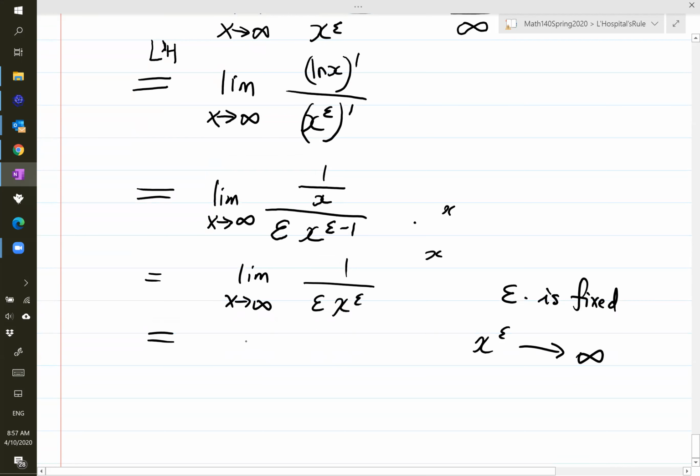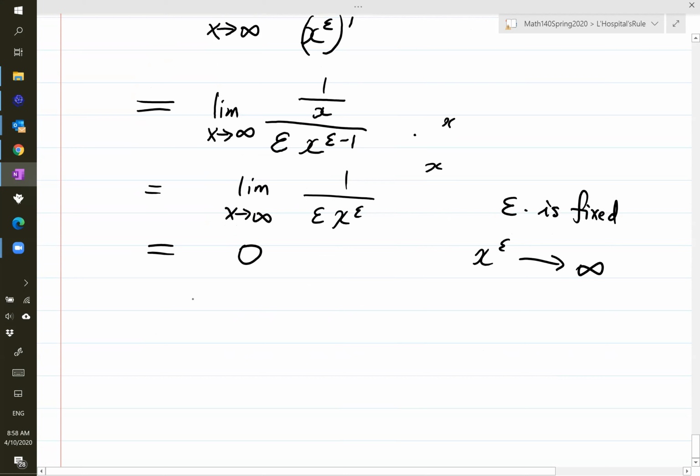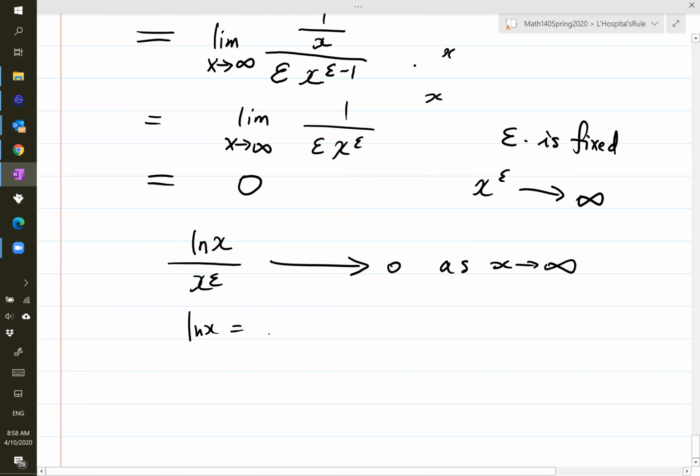So the limit is 0. So we conclude that log x over x to the epsilon power, for any positive epsilon, approaches 0 as x approaches infinity. So log x is small order of x to any positive epsilon power. Log x is dominated by any positive power of x as x approaches infinity.